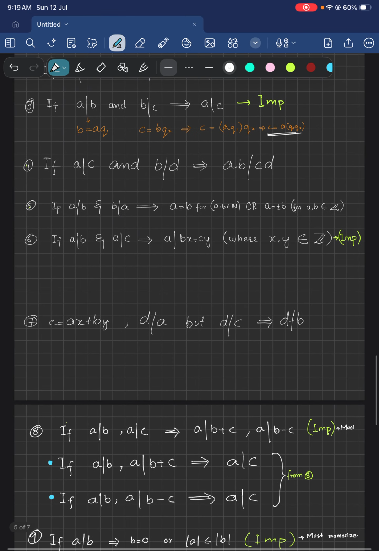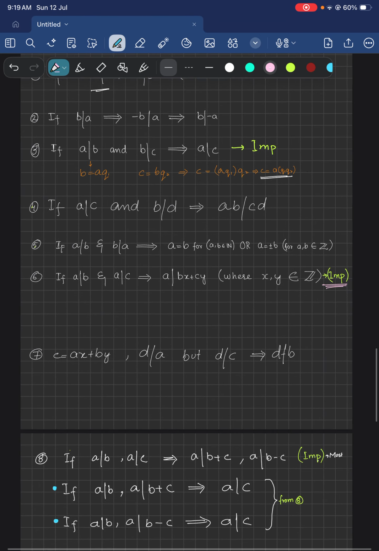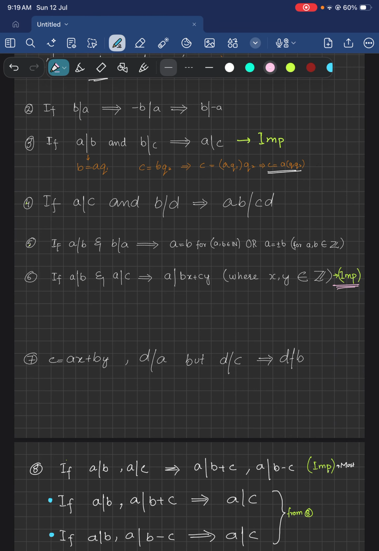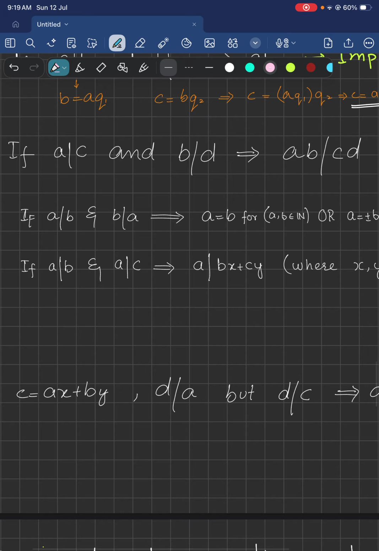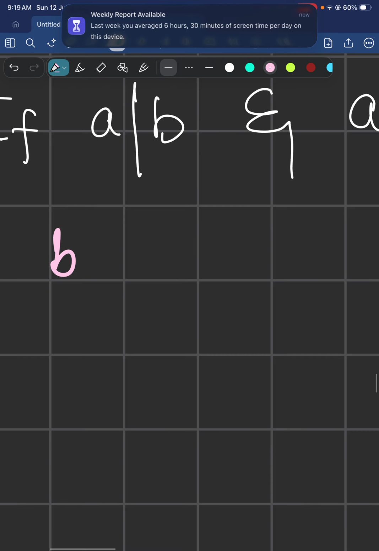And the sixth property, this is a really important property. It is very, very important. It is the most important property. You have to memorize this property, and this is the linear combination property. It says that if A divides B and A divides C, then A would divide Bx plus Cy. Let's prove it. A divides B, so we can say that B is a multiple of A, B equals A k1.